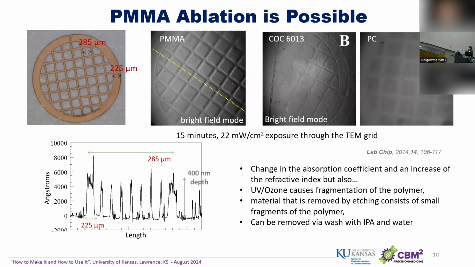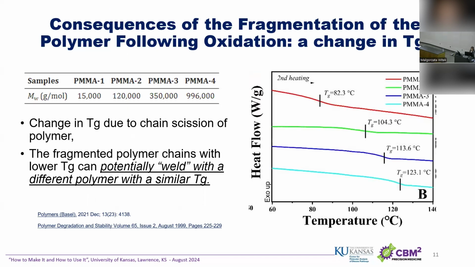And there are some polymers that are absolutely resistant to this, like polycarbonate. COC, a little, quite negligible. As another consequence of treating the thermoplastic with UV light, when you do have those scissions, you are lowering the glass transition temperature.